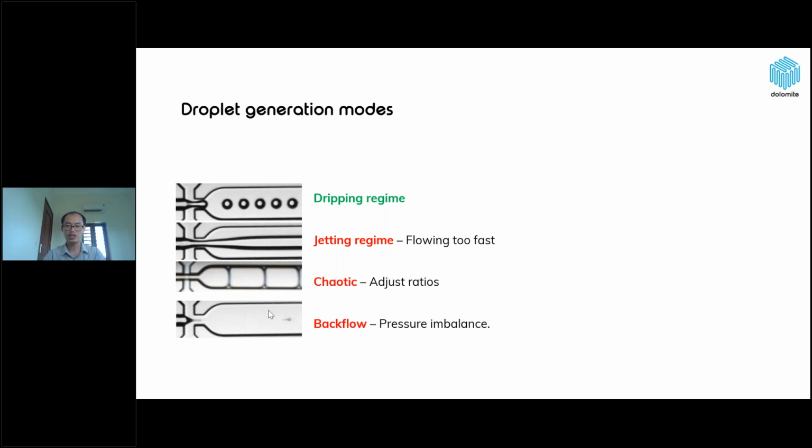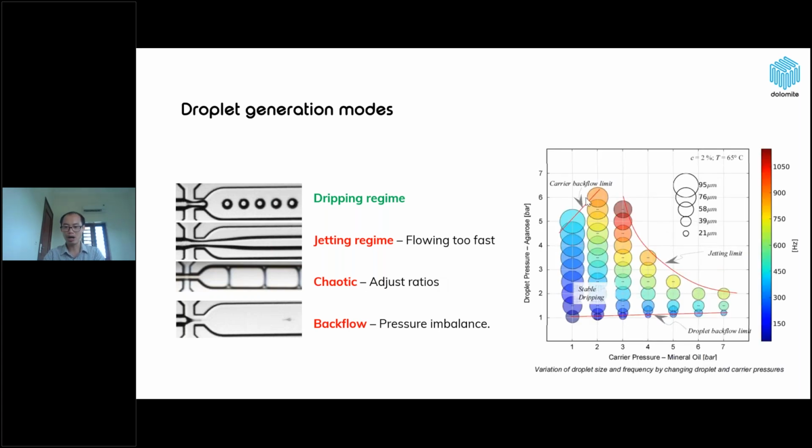Or we can make a chaotic mode by adjusting the flow rate ratio. We also have backflow, an unwanted mode in microfluidics, when there is a pressure imbalance between the continuous phase and droplet phase.